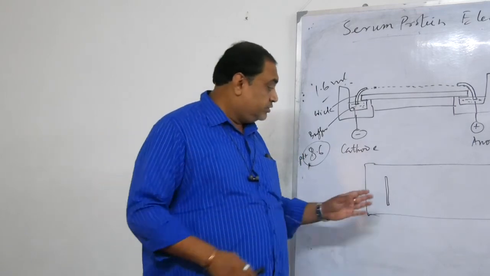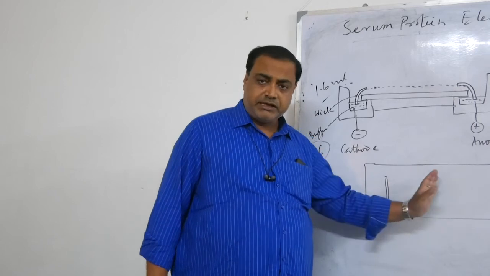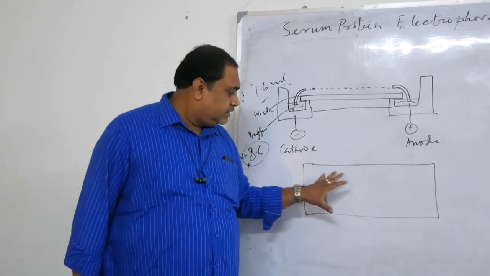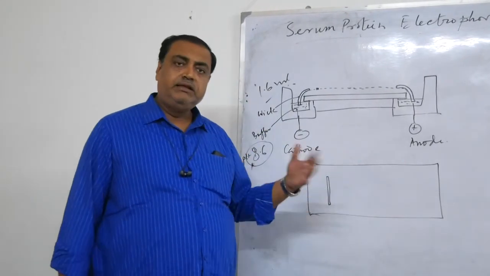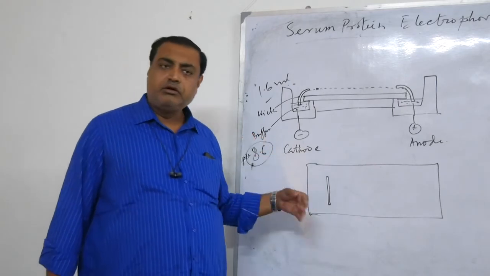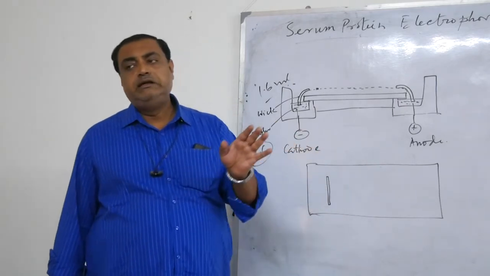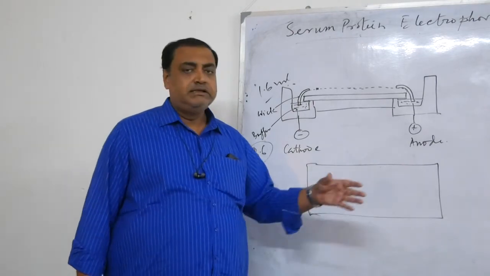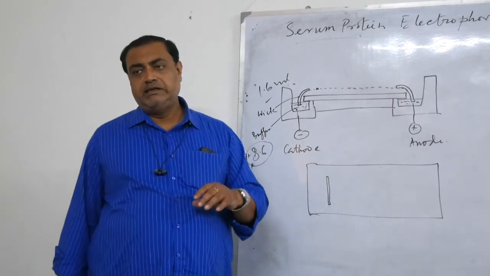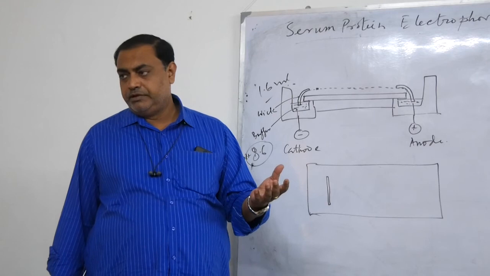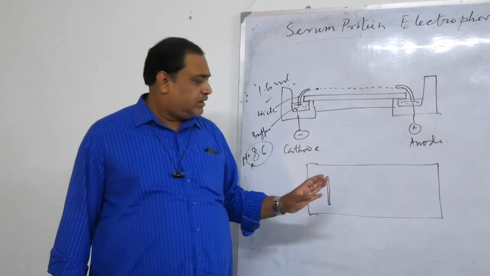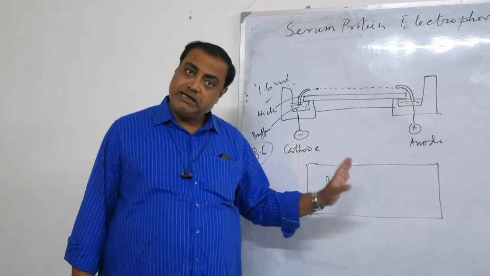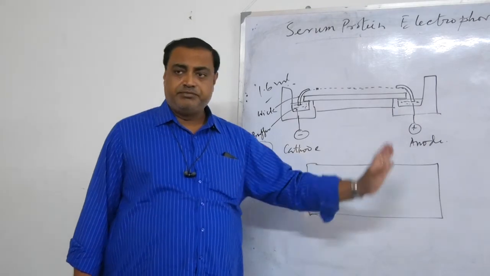When the blue stain is applied, the slide is soaked in the stain. After staining, the gel will take up non-specific stain also. To remove the non-specific staining, we must go for the destaining process. Destaining involves placing the slide in a trough containing acetic acid and water solution, and after several times, all the unwanted stain is removed, and the gel still remains with the bands of protein color.